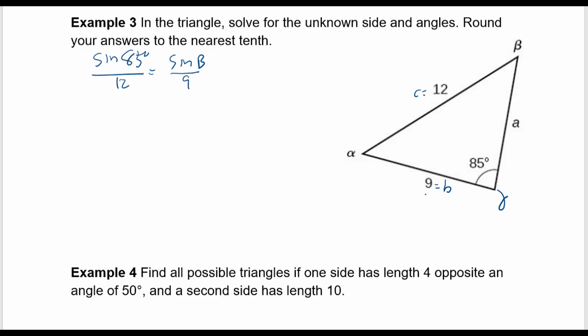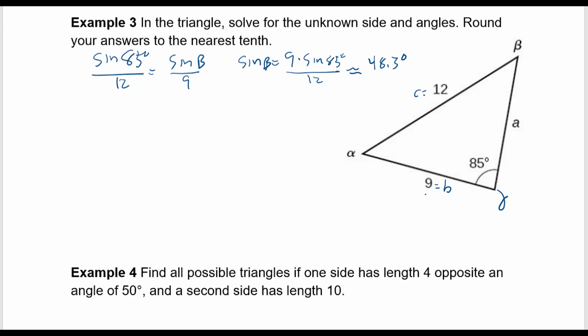So sine of beta equals 9 times sine of 85 degrees over 12, and that's approximately 48.3 degrees.